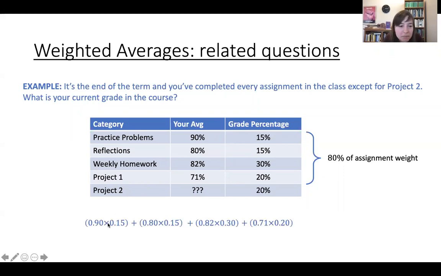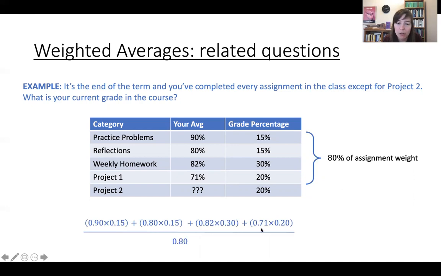Because we've taken 90% of 15%, 80% of 15%, plus 82 times 0.3 plus 71 times 0.2. The key is to realize that the whole is not 100%. The whole is only 80%, or 0.8. So this is the calculation you've got to do to find your current grade.